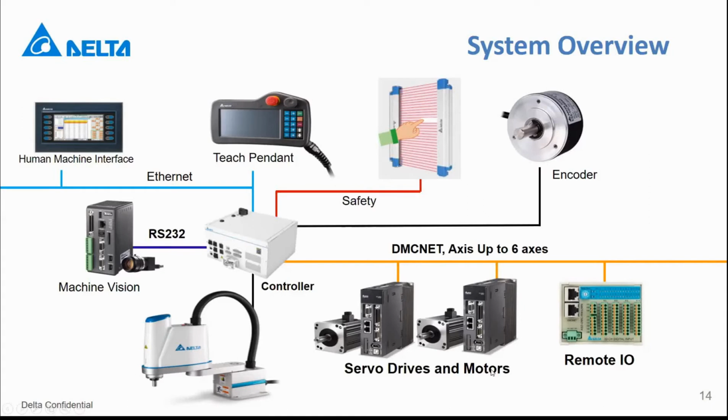So we can use a robot controller to control external axes up to 6 axes. That means you can control 6 different drives. And also we can connect to a remote I/O. If the digital input output in the controller is not enough for you, you can use the remote I/O module to extend your digital input output.